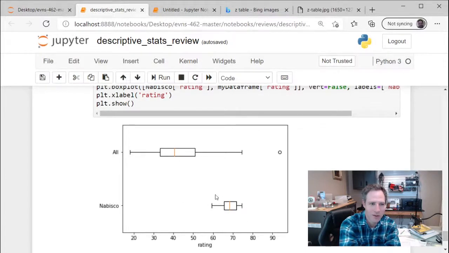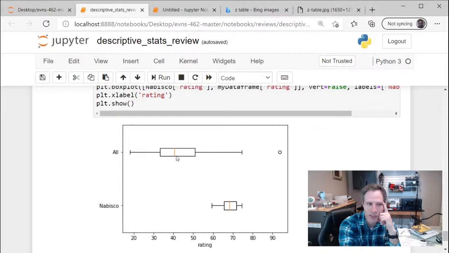Okay, so you see the distribution in the box and whisker plot of scores of all cereals is over a wider range and centered at a smaller value than the Nabisco data set. So when you're looking at a box and whisker plot, this central box right here is a box that encapsulates the middle 50% of your data.